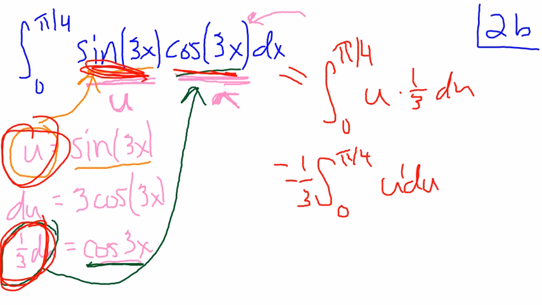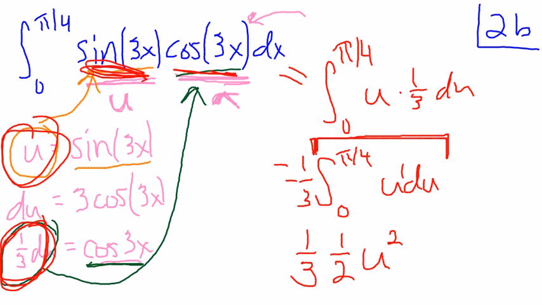Well, I use power rule. So what I get is u squared, bump it up by 1. And then I need to have a 1/2 out front to balance it. So that would be this whole part right here. And then I need to multiply it by the 1/3 that's out front. Now this needs to get evaluated from x equals 0 to x equal to pi over 4.